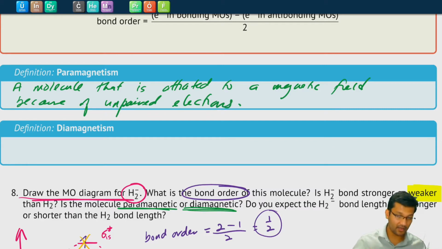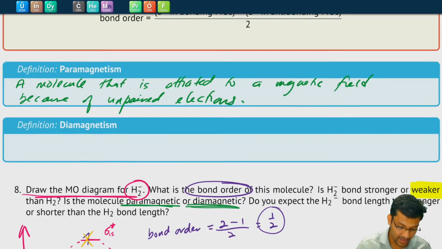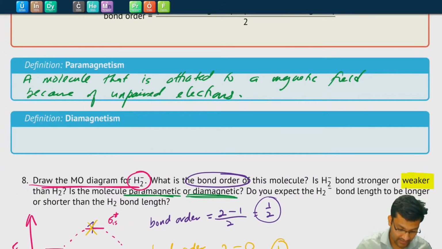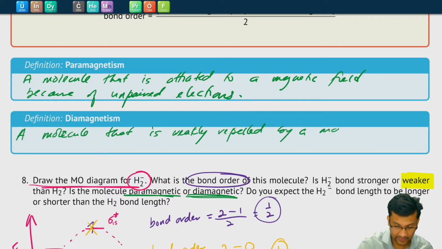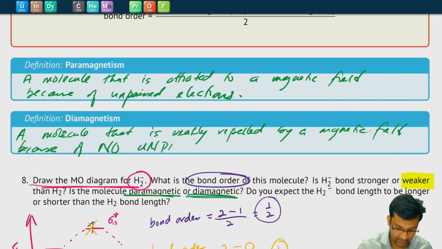So if a molecule has unpaired electrons, it's going to be paramagnetic. And for diamagnetism, it's a molecule that is unaffected or weakly repelled by a magnetic field because it has no unpaired electrons.